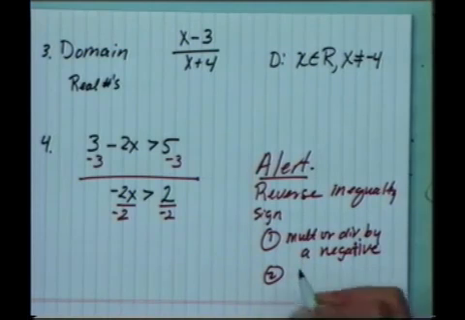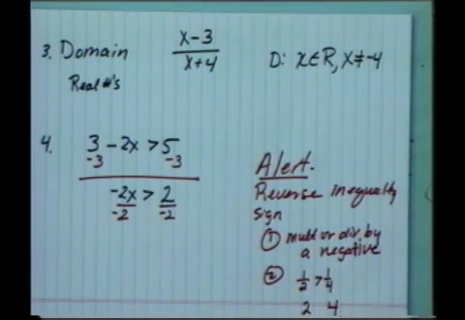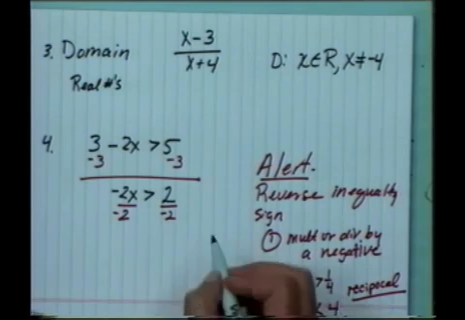Let's look at this. 1/2 is greater than 1/4. Let's take the reciprocal of both sides. Reciprocal, what happened? It reverses the sign. Okay, so if you take a reciprocal. All right, and let's do the example with multiplying or dividing through by a negative.